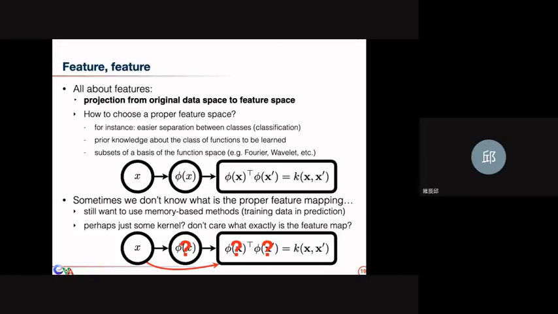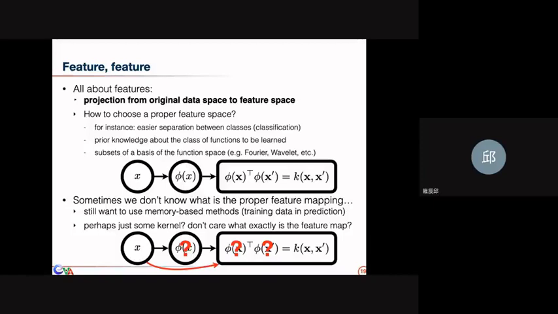Then you compute the inner product between the feature vectors in order to compute their similarities. Such an idea is the kernel function.